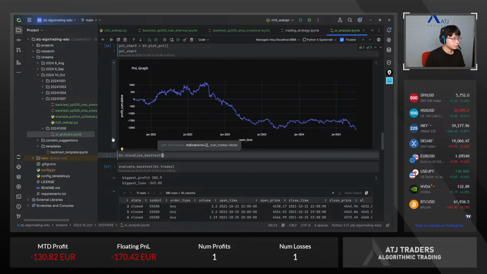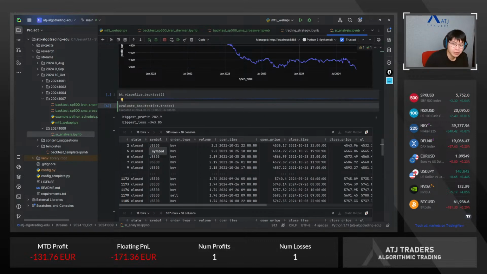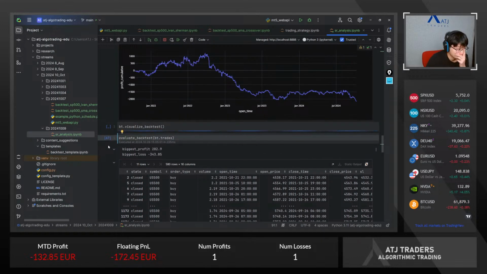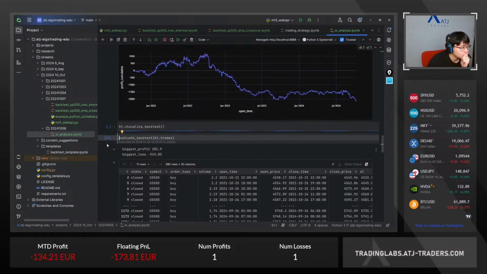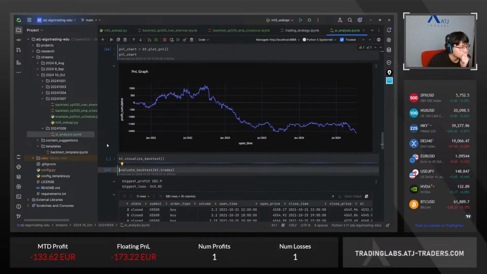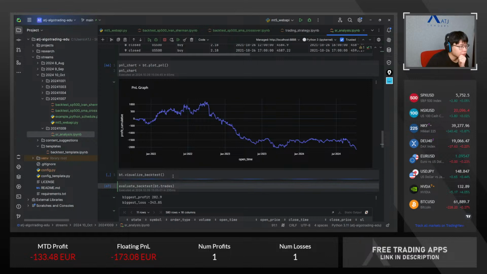Okay, so we will visualize the backtest and then we can have a look at the individual trades now. It takes some time, so I don't like to use this method.